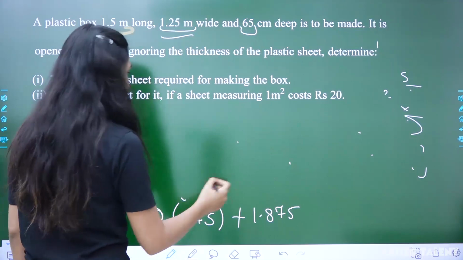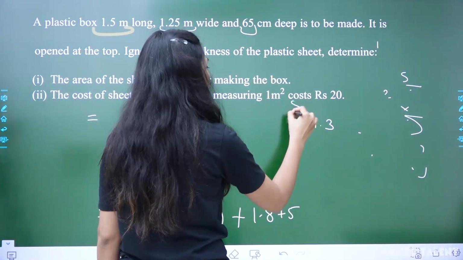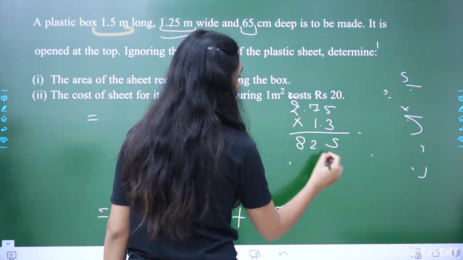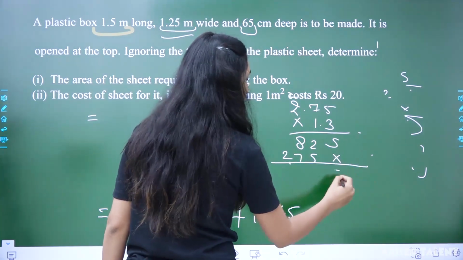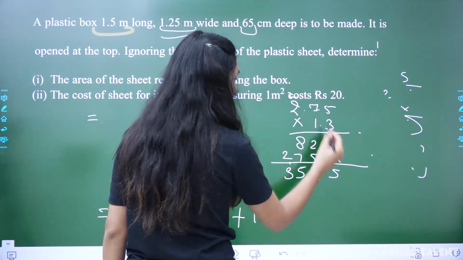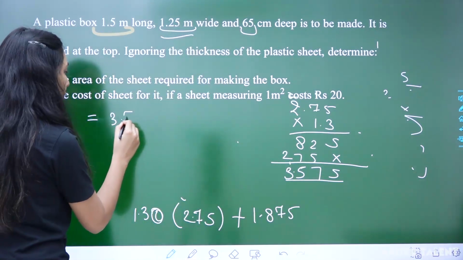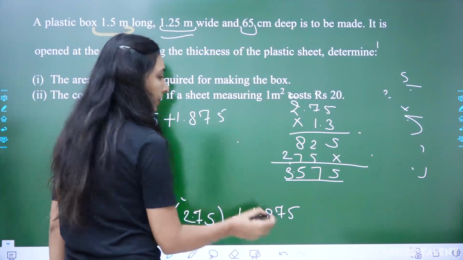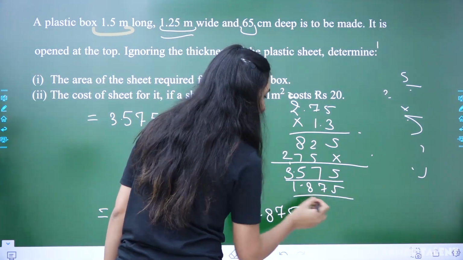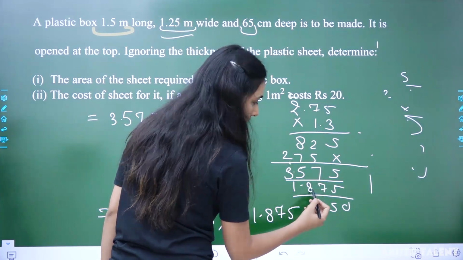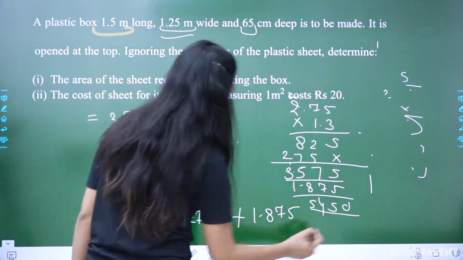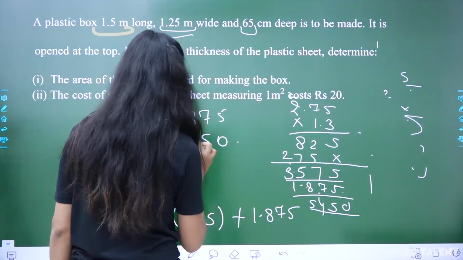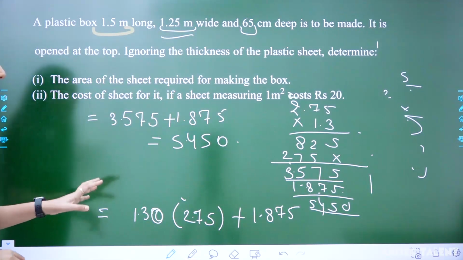That will be 1.3 multiplied by 2.75, that's going to be 3.575, plus 1.875, that's going to be 5.45.